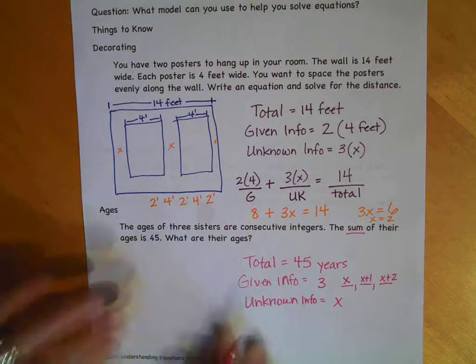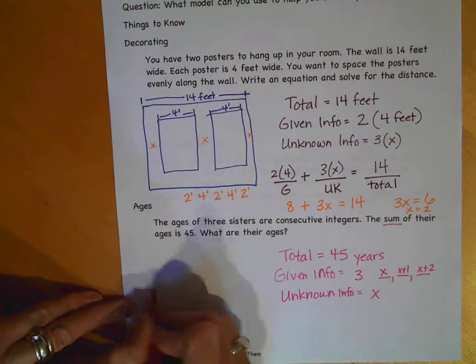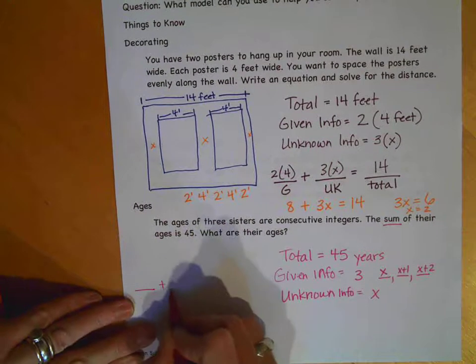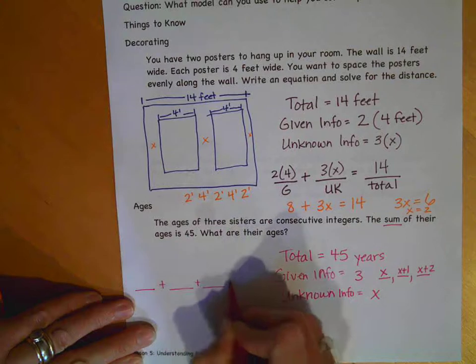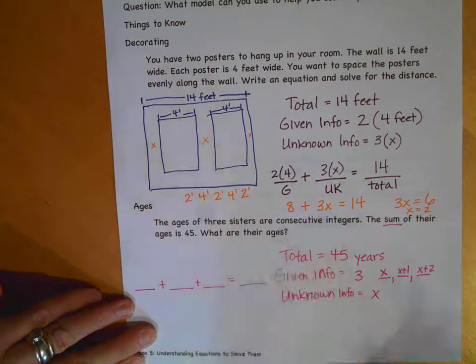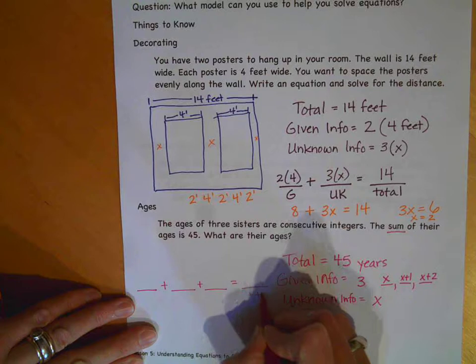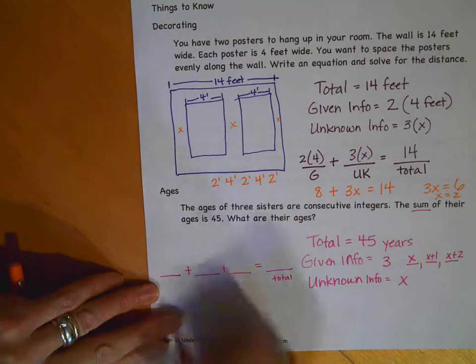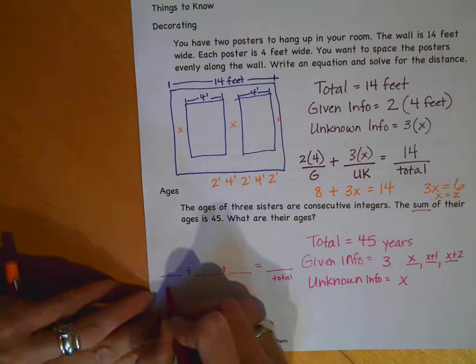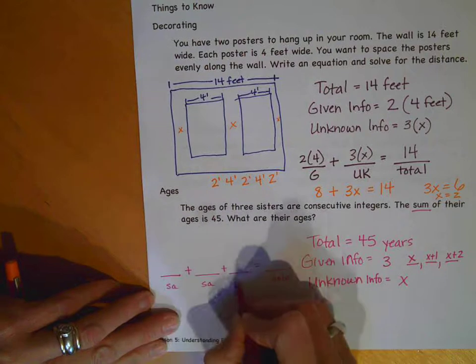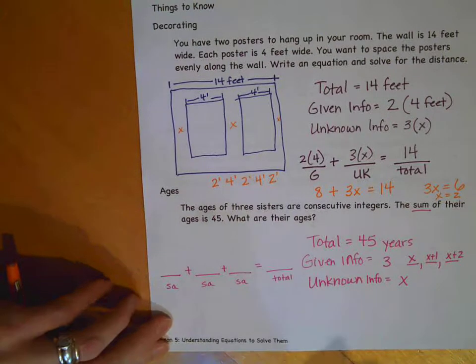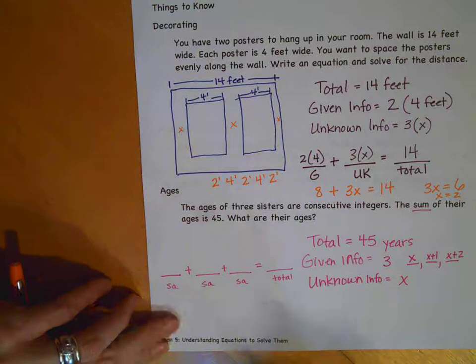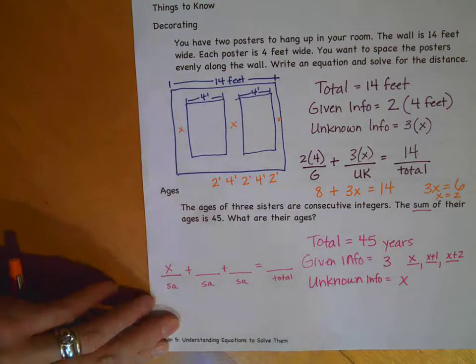All right, so now we can set up our equation because it says use an equation. So I know I have something plus something plus something equals something. This again was our total, right? This was sister age, and sister age, and we know that the sister ages happened one after the other.